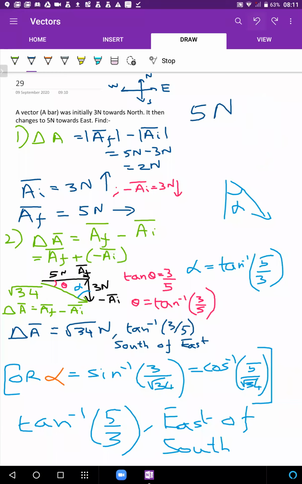But on the other hand, change in a vector cannot be negative, because change in a vector is nothing but vector subtraction, and vector subtraction is nothing but a type of vector addition. What are you going to get? You're going to get a vector of some magnitude and some direction. So what do we mean by saying a vector is negative? I think you're talking about the magnitude. Can the magnitude of a vector ever be negative?